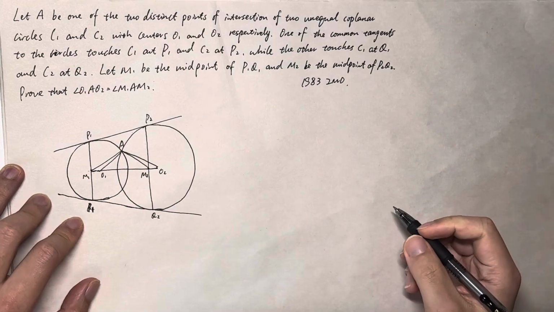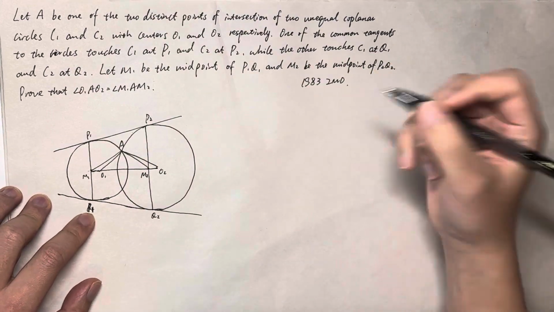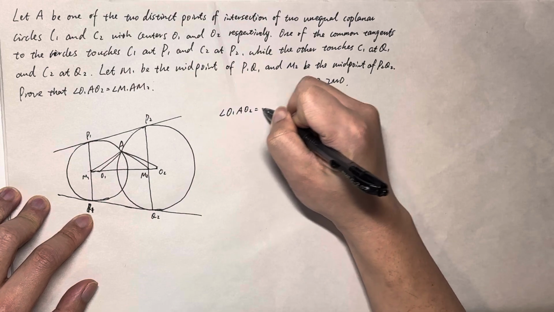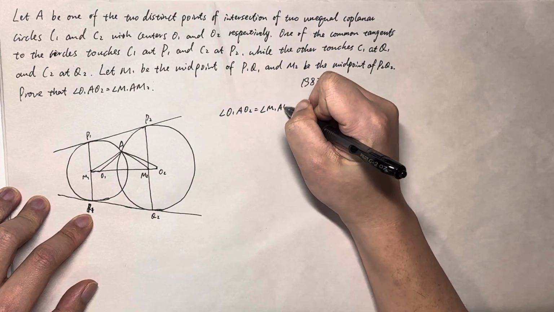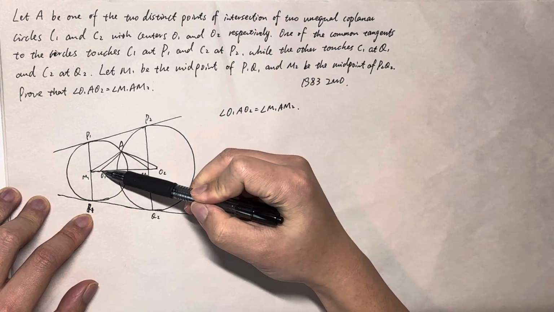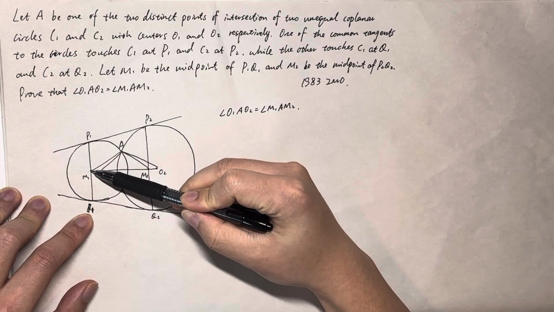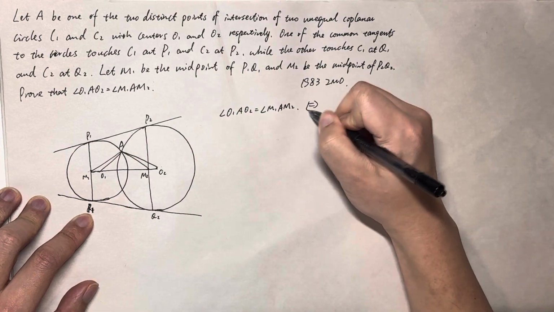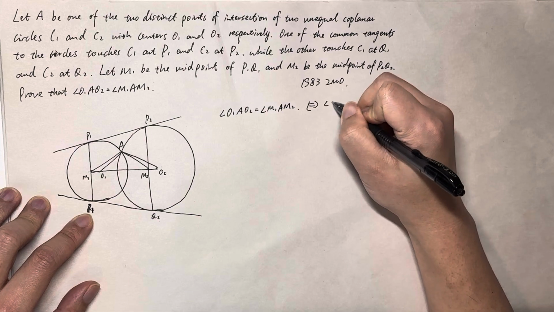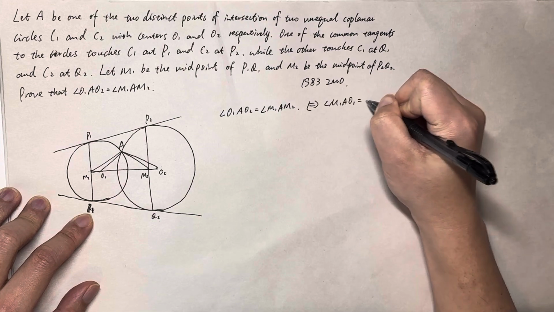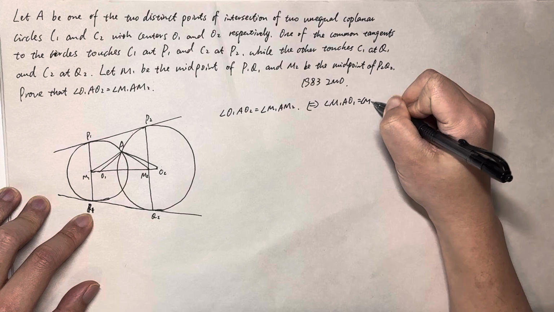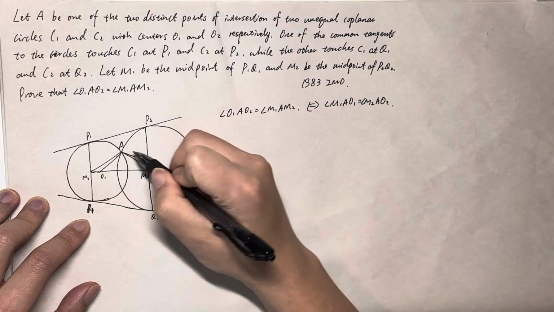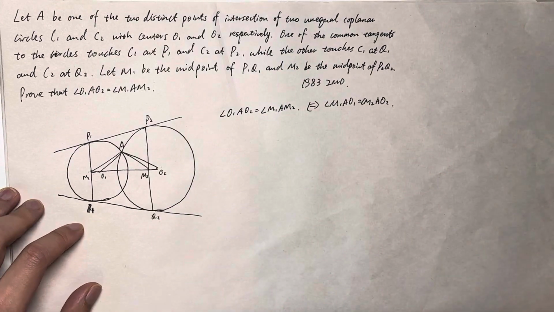It's obvious. And we want to prove that angle O1AO2 equals angle M1AM2, which is equivalent to proving angle M1AO1 equals angle M2AO2.